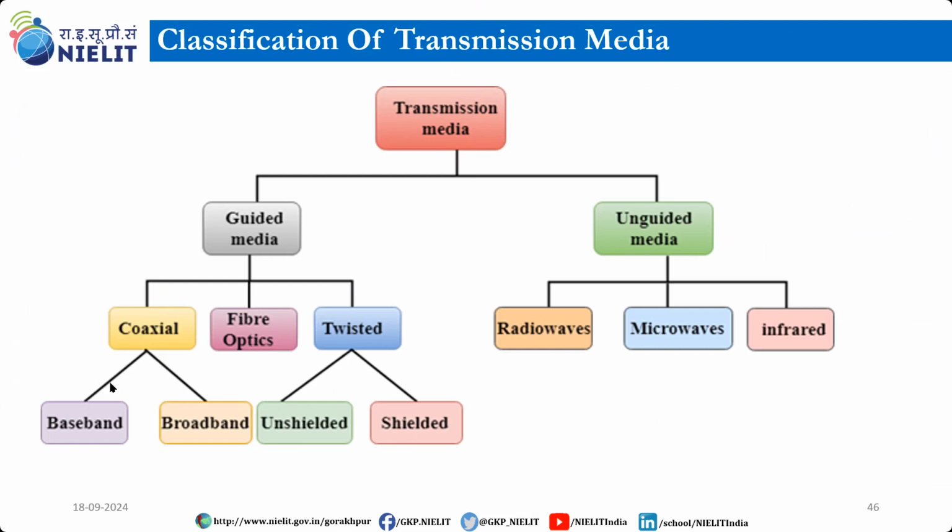In coaxial cable, there can be baseband cable and broadband cable. Under unguided media, there can be radio wave, microwave, infrared. Under radio wave, there can be Wi-Fi 802.11 ABC. There can be Bluetooth. So these are the different types of transmission media.